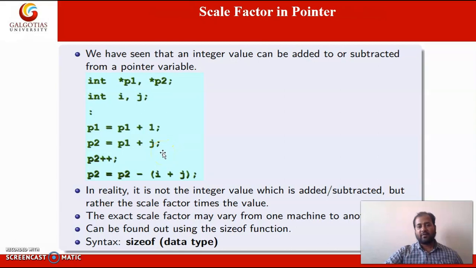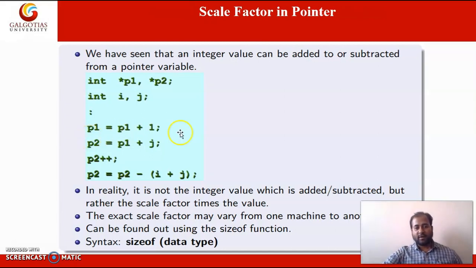If it is a float, and the float takes 4 bytes, then the pointer will be incremented by 4 bytes. So here the increment means a number of bytes, and it points to the next available memory location.